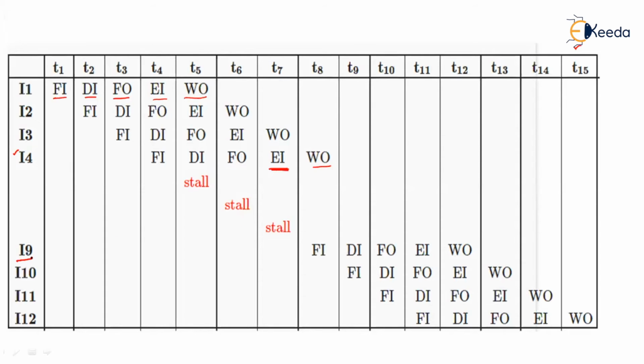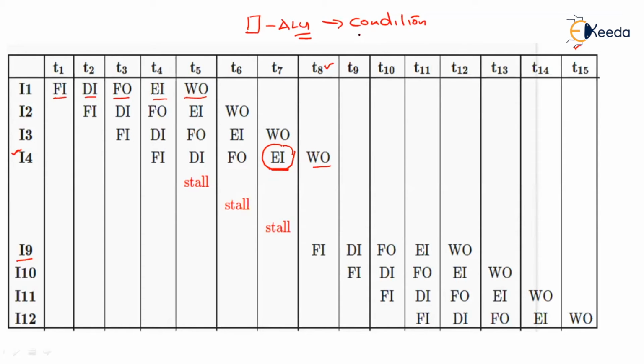So I9 can enter only in the 8th clock cycle, because in the 8th clock cycle, the execution stage of I4 has been finished. After execution, that means the ALU operation is finished, right? If the ALU operation is finished, then the condition gets evaluated.